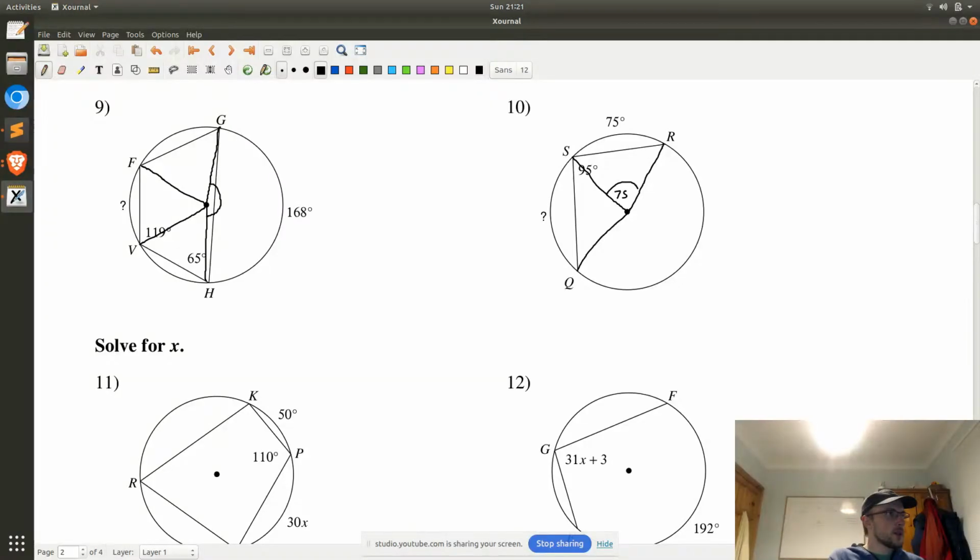I guess I don't really know how to do these. Well, it's time for me to learn. So, the one on the left is 60, but how do you know?